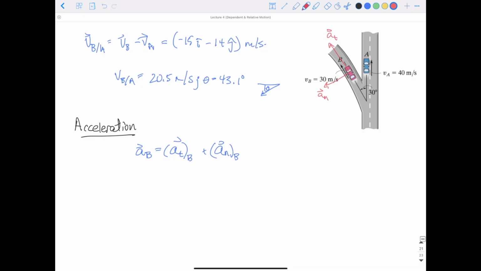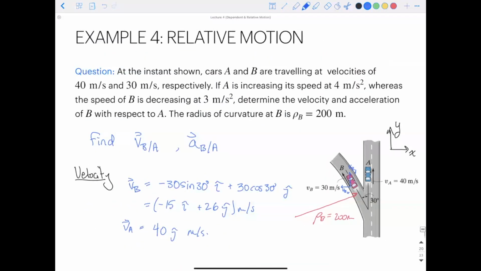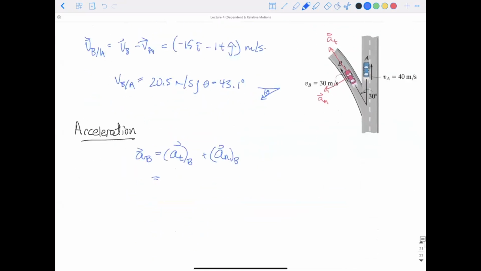So what is the tangent component? Let's go back up to the question. It says car B is decreasing its speed at 3 meters per second squared. So decreasing its speed, that means the tangent component is going to be -3, and the component of that vector that is acting in the x direction is equal to sine 30. Because the tangent vector is actually in the negative direction, let me draw this the other way.